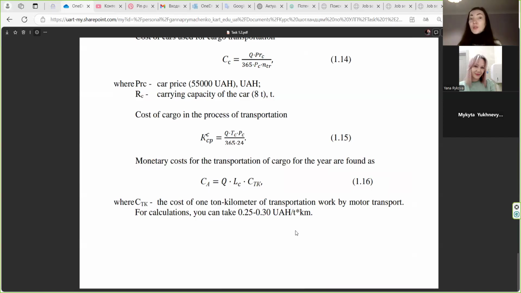And now we finish this task, and in the next task we find the answer for this whole first task, which kind of transport is better, railway transport or car transport. So we will do it in the next task 1.3. So I stop sharing this document.